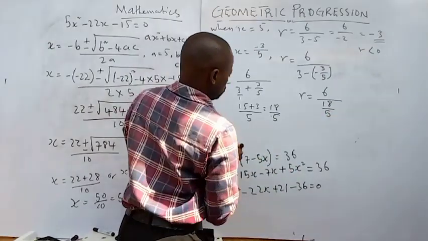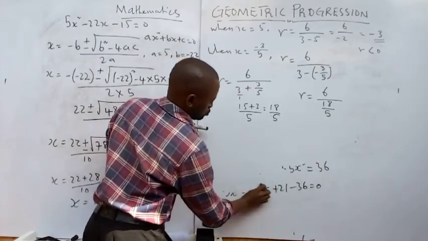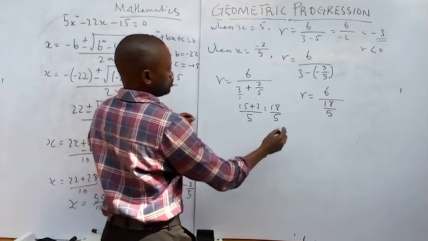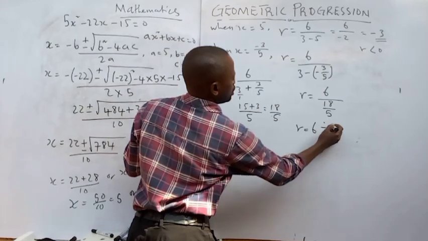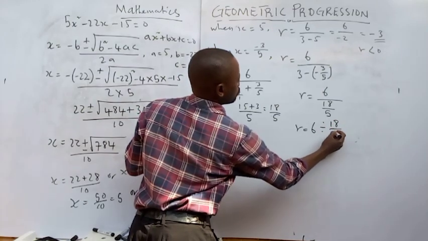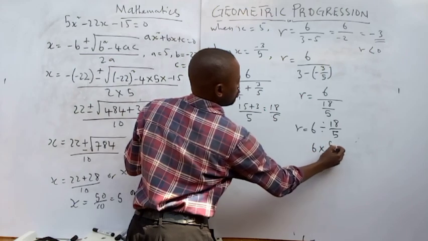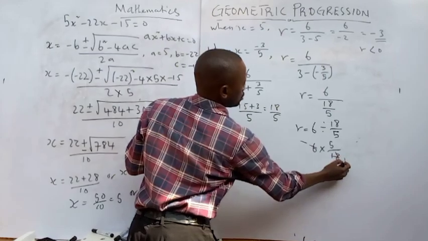Let me rearrange it in a way it will be very clear to you. So we will now have r equals 6 divided by 18 over 5. So this will be 6 times 5 over 18. This will cancel itself, 1 cancels here, 3.